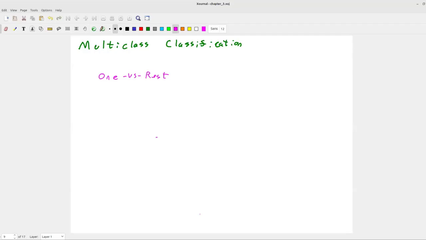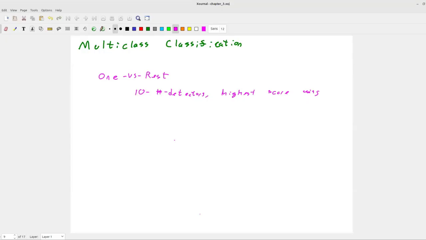From each one of those detectors, the image will get a score, and the highest score wins. So that means your digit is going to get a score for it being a 1, a score for it being a 2, a score for it being a 3, a score for it being a 4, etc.